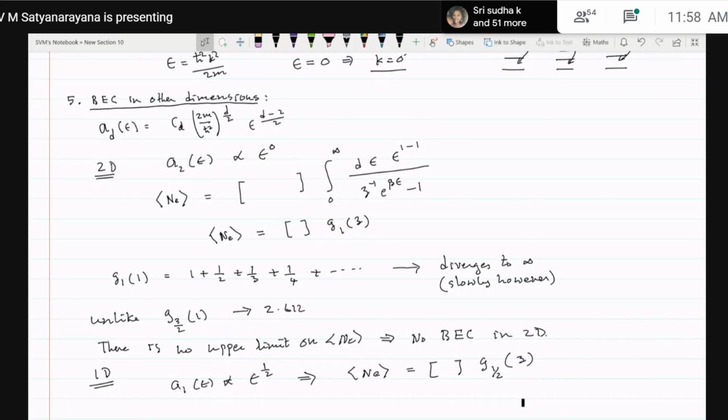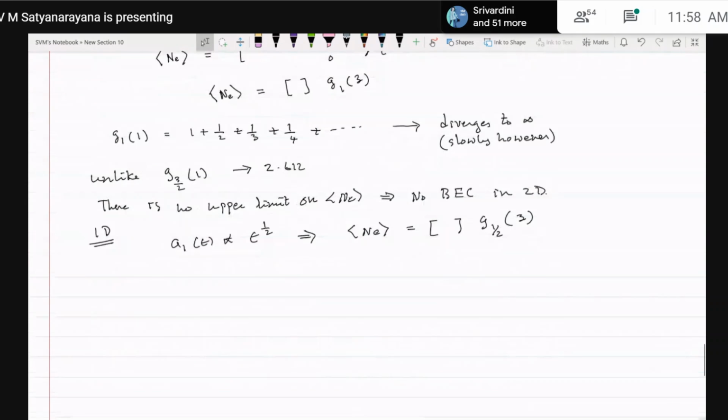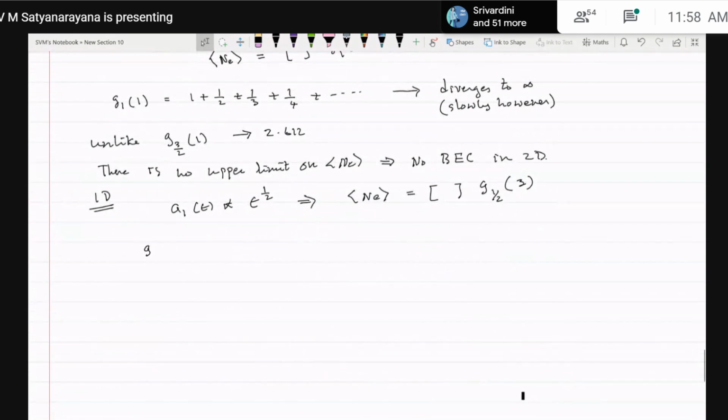This definitely diverges much faster than the logarithmic divergence, because g half of 1 is 1 plus 1 by 2 to the half plus 1 by 3 to the half, etc. This diverges to infinity.